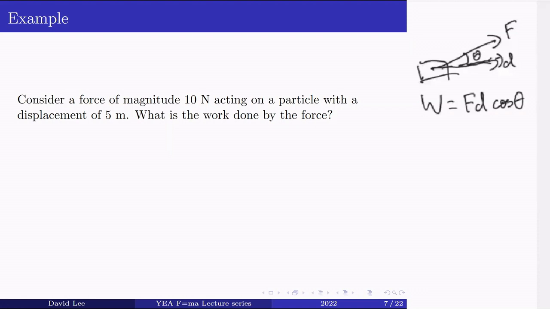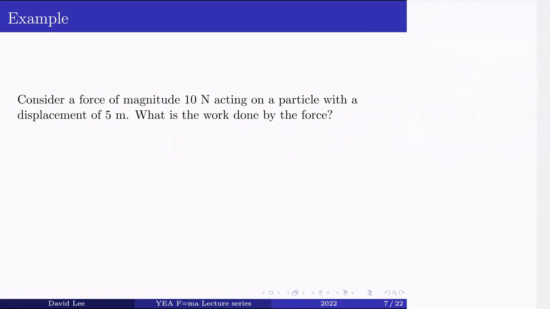In this case, we're considering first the case where the force is in the same direction as the displacement. Some people have answered. To find the work here, we just take F D cosine theta.